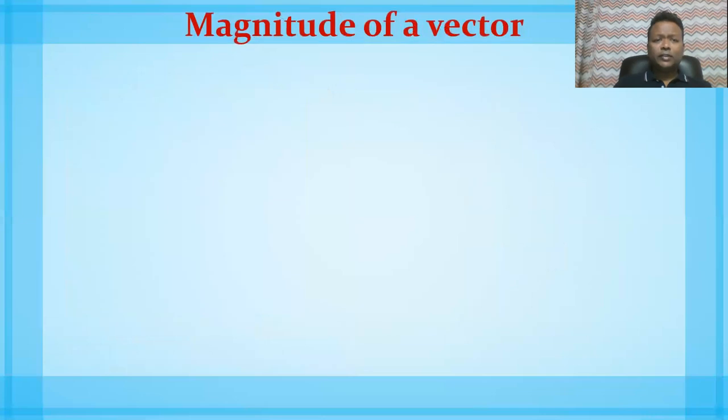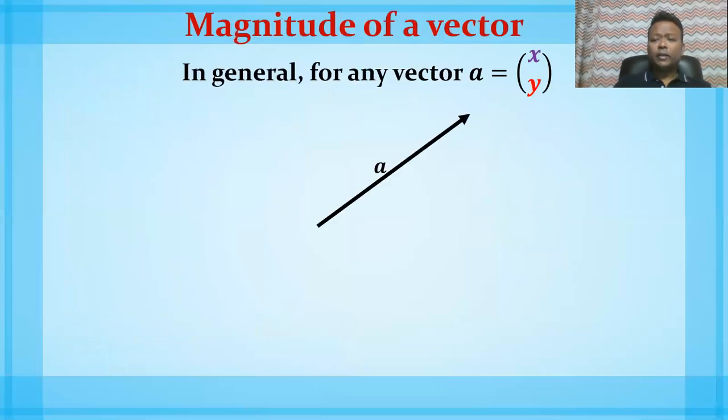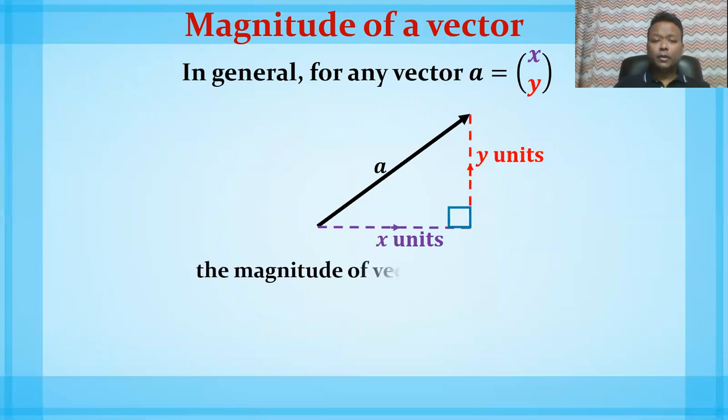Students, in general, for any vector A with horizontal component x and vertical component y, the magnitude of vector A is found using the formula: modulus of A, or magnitude of A, is equal to the square root of x squared plus y squared. Remember, this formula is obtained from the Pythagoras theorem.